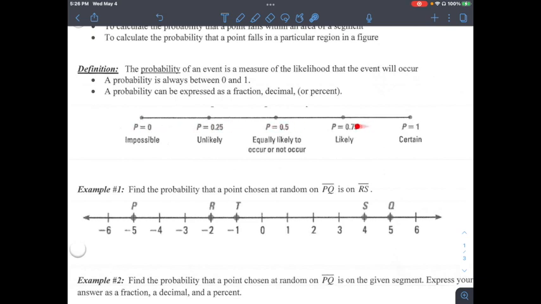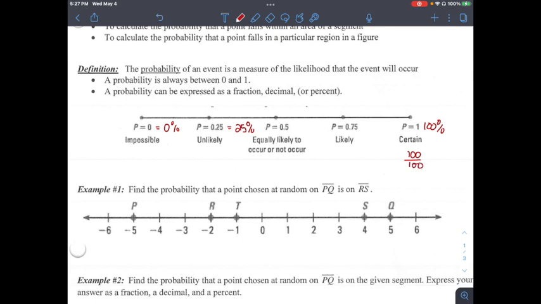There are different possibilities. 0 is like 0%, and 0.25 is about 25%, and then 1 is like 100%. You can also write 100% as 100 over 100.